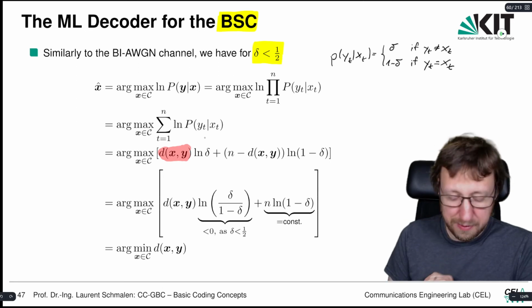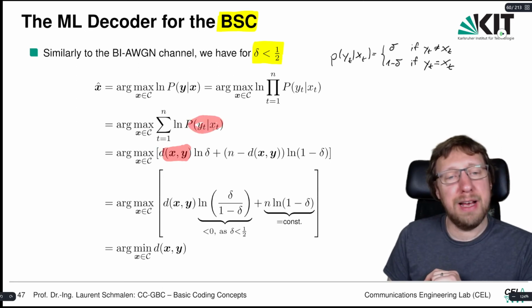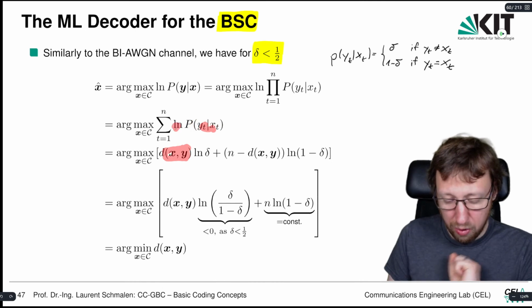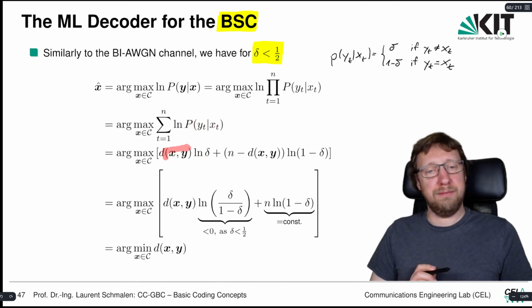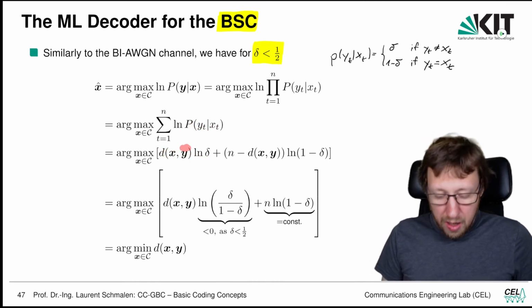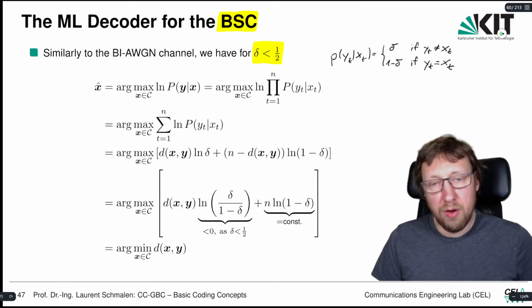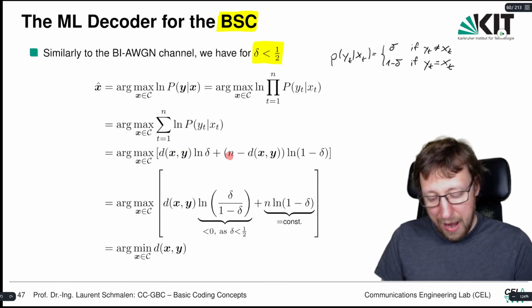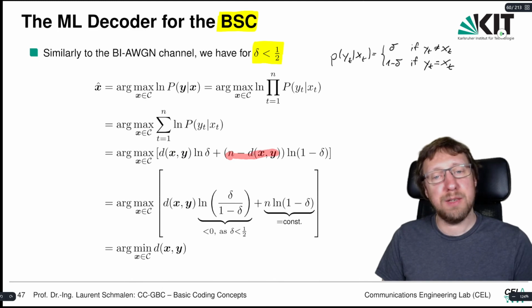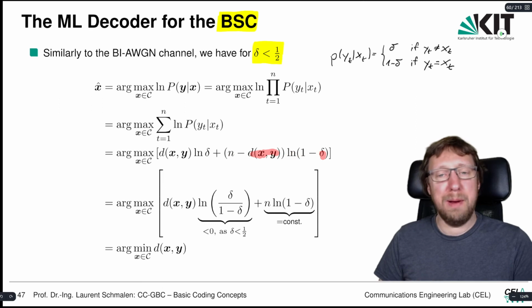And in this case, p of yt given xt is equal to delta. We have log in front, so it's log of delta. Now on all the other positions, we have n minus the Hamming distance between x and y. Such positions, we have log of 1 minus delta.